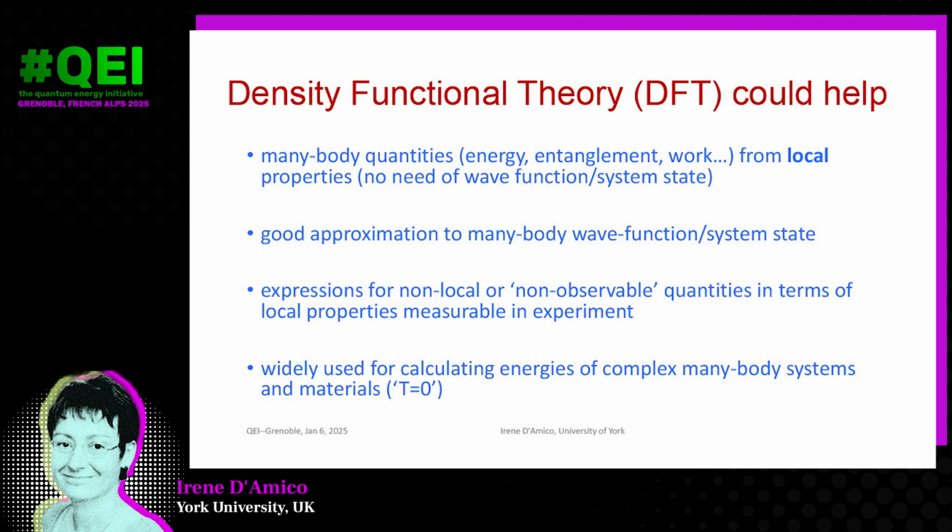Give expression, as I said, of quantities that are non-observable, like work, or non-local, in terms of properties that are measurable in experiments. And in general, again, I underline that density functional theory is probably the theory most used in order to calculate energies of complex many-body systems.